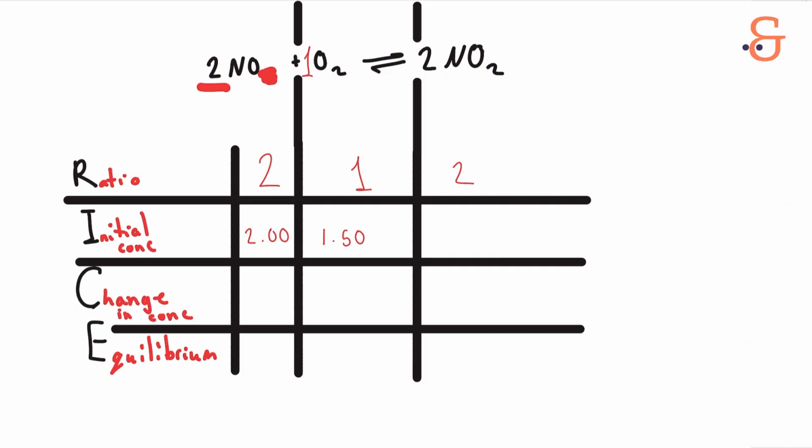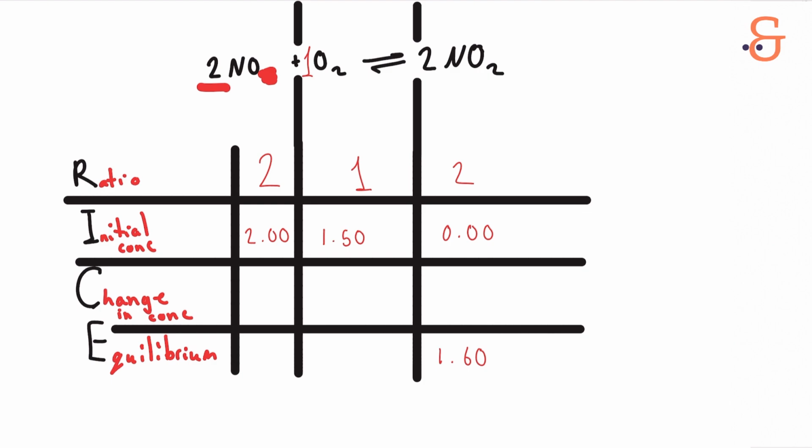We're also told that at equilibrium, 1.6 moles of NO2 has formed, so we can pop that in underneath the NO2 column. And lastly, we know that at the beginning of the reaction there are no products, so we can simply put 0 for the initial amount of NO2. All of this was filled out simply using the information found in the question. We haven't started doing any workings out yet.